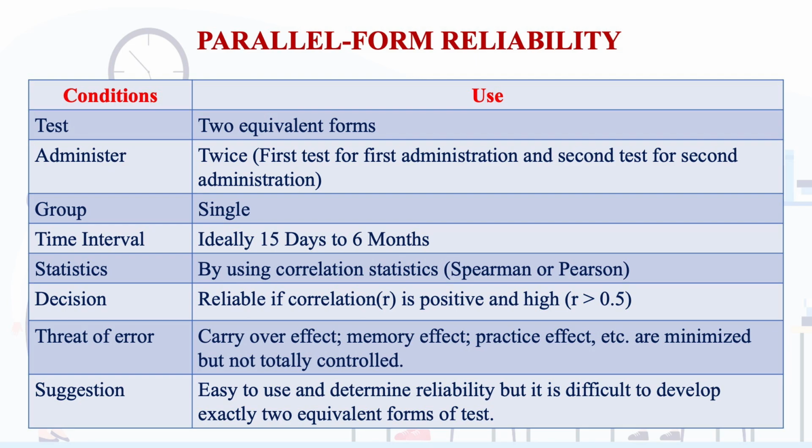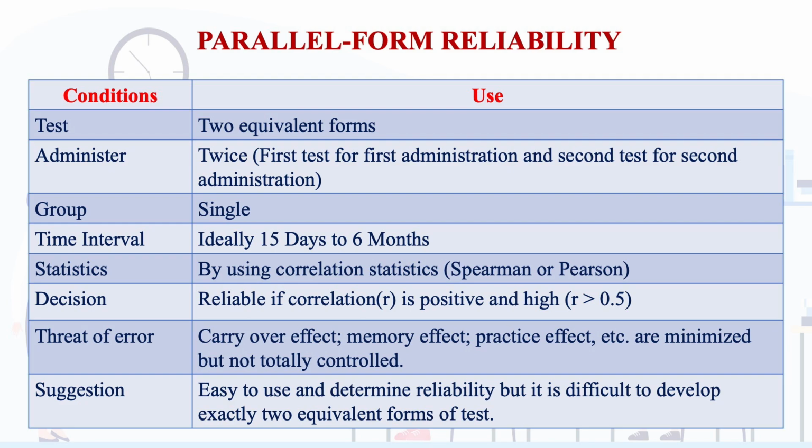And administer. How many times do you have to administer? Here also you have to administer twice. That means in the first administration you use the first test, and in the second administration you use the second test. The group will also be single.